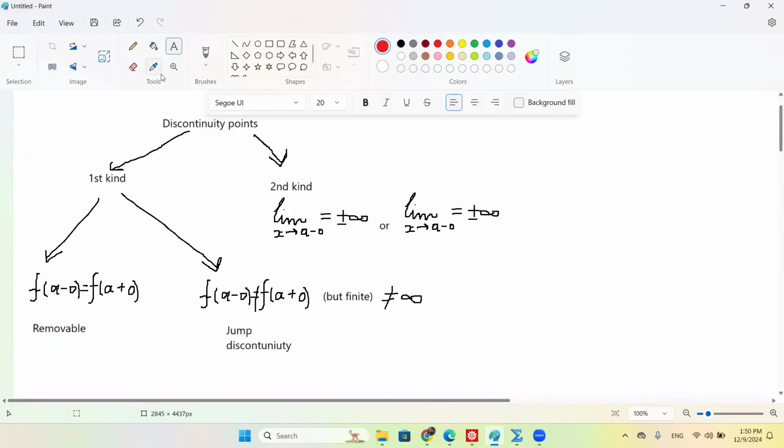And the same for plus 0 here. Or if one of them does not exist.